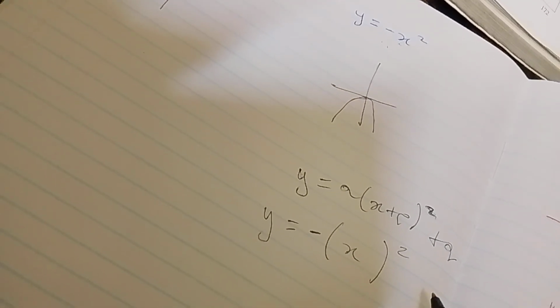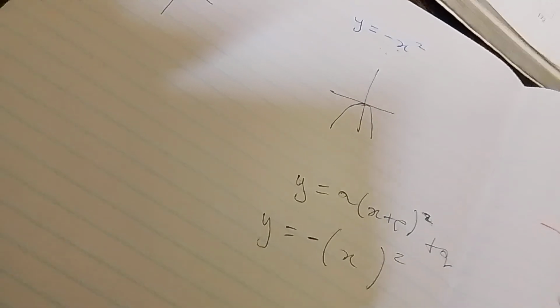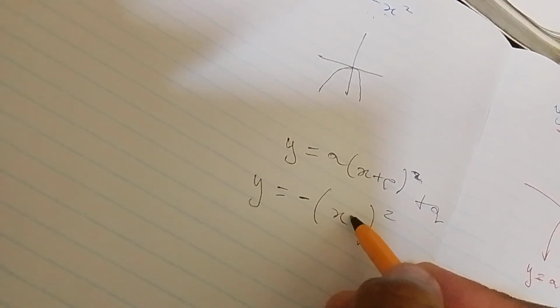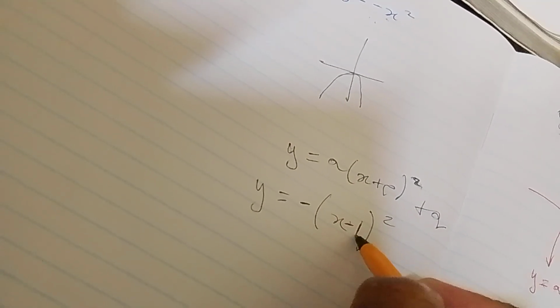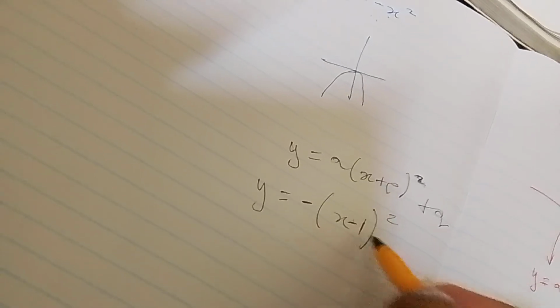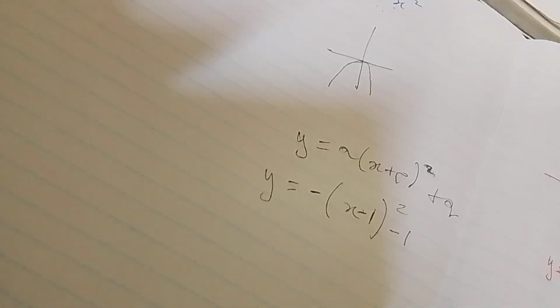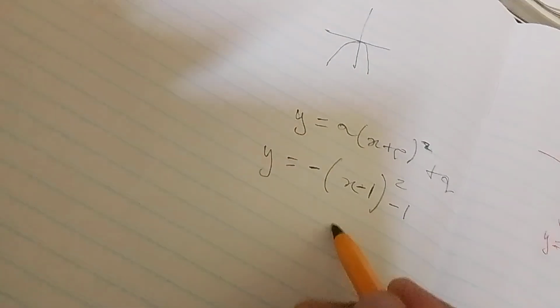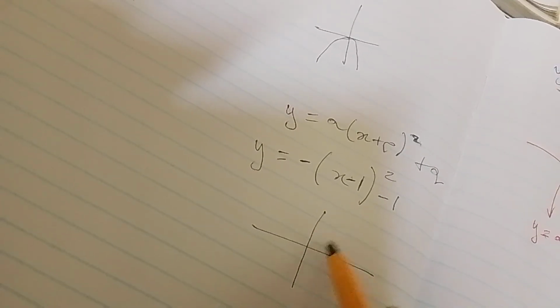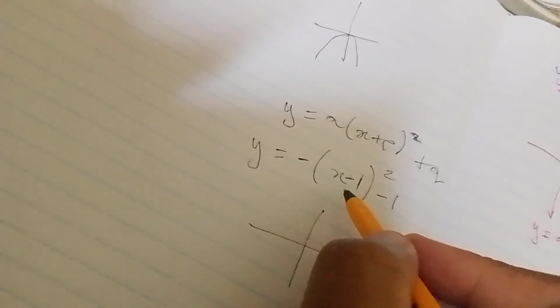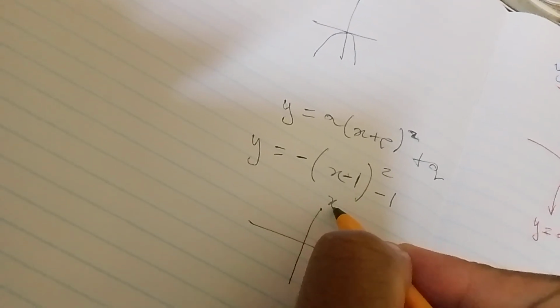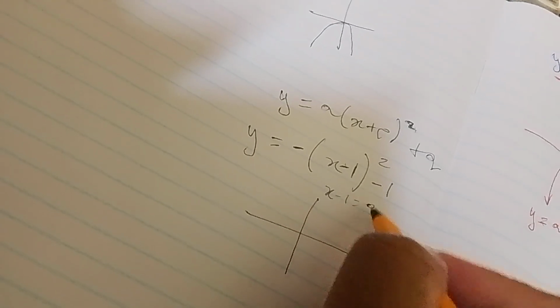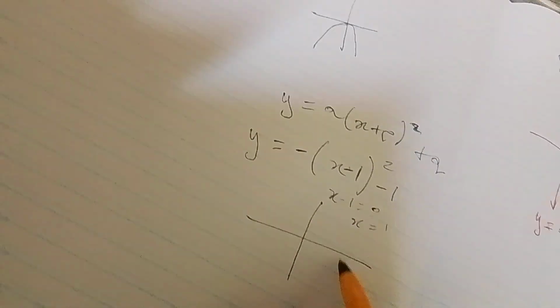So when I'm shifting it, let me say I'm shifting it 1 unit to the right. If it's to the right here, I'll have to minus, and then I'm shifting it 1 unit down. Also here I have to minus. Remember, for me to get the shift, I'll say x minus 1 equals 0, which means x is equal to 1.